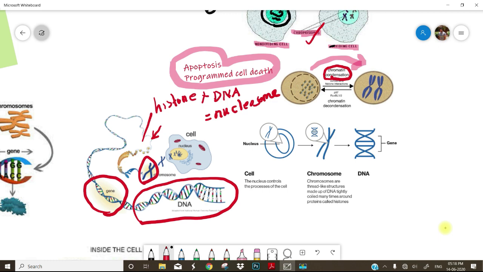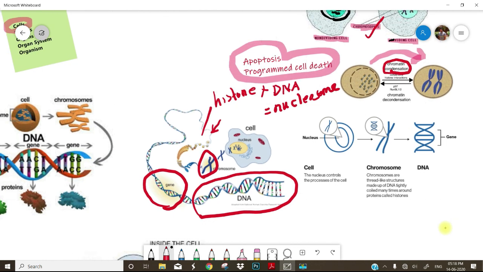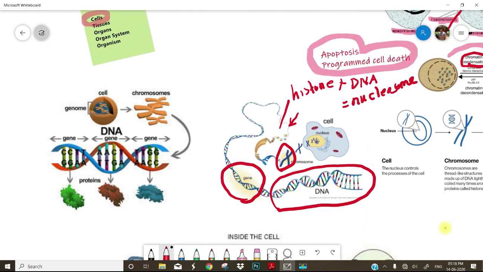You can see it clearly in this image. So genes are working sections of DNA that code for proteins.